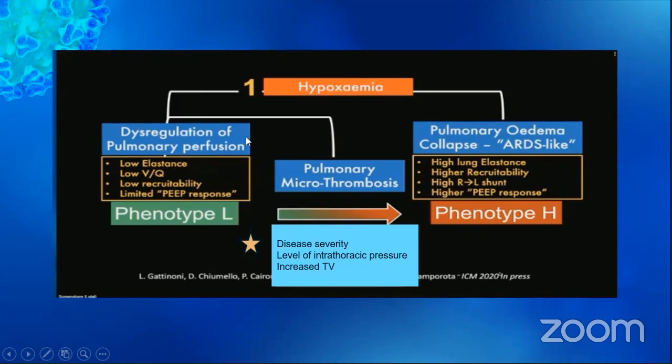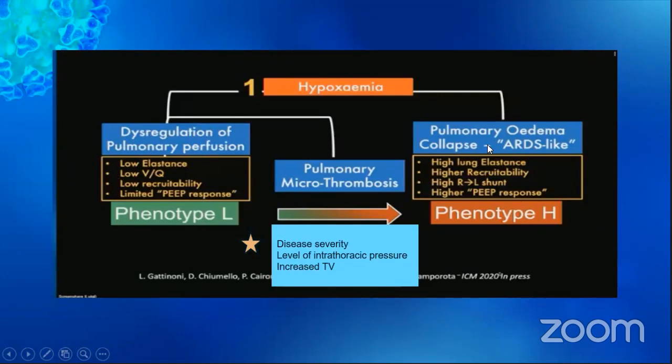This is what he wants to say, that all this hypoxemia or respiratory failure in COVID-19 is not typical ARDS. So here we see low elastance, low VQ, low recruitability, and limited response to PEEP. But when it turns into typical ARDS, it will be high lung elastance, high recruitability, high right to left shunt, and high PEEP response. This is typical ARDS, and this is atypical ARDS.